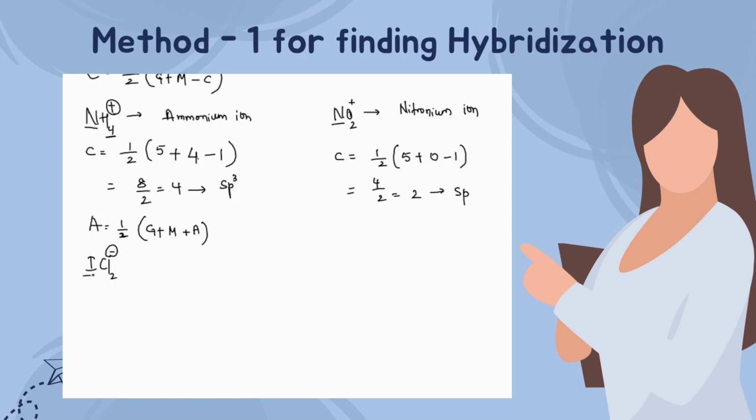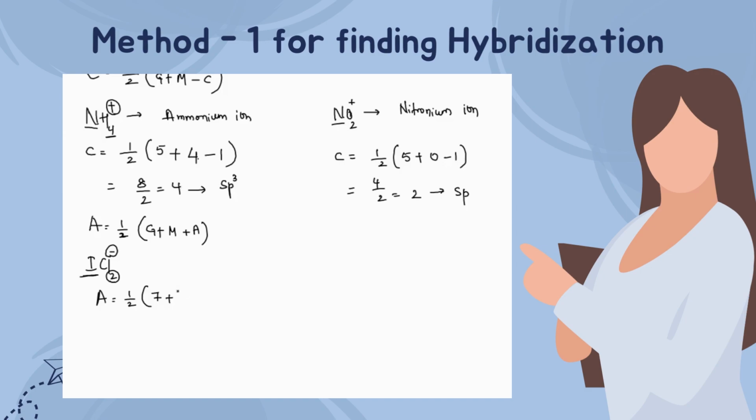Here iodine is the central atom compared to chlorine. So the hybridization is half into, and iodine and chlorine both belong to the 7th A group or halogen family. So the group number of the central atom is 7, plus how many chlorine atoms are there? 2 chlorine atoms, and these are monovalent atoms.